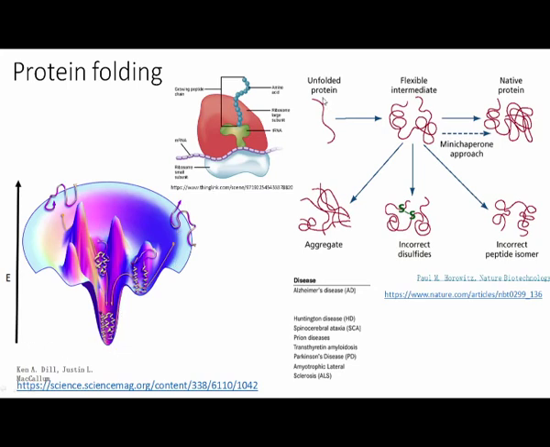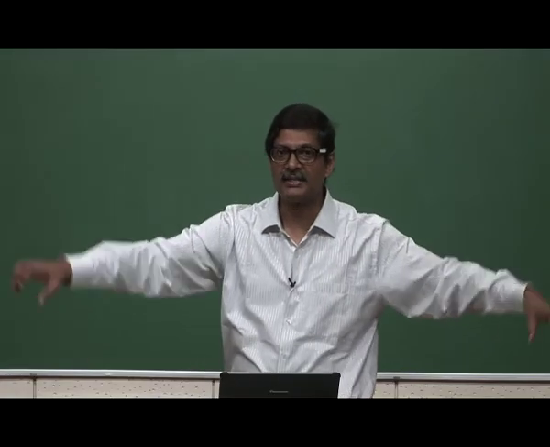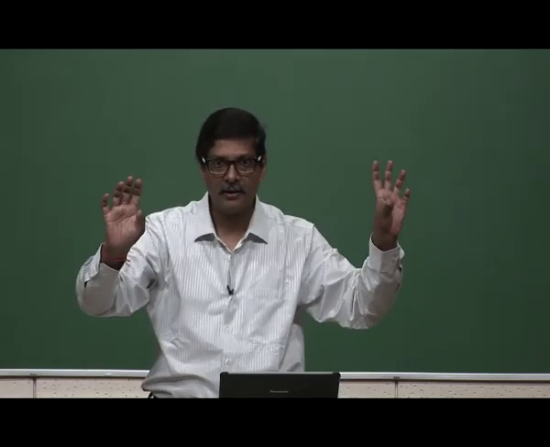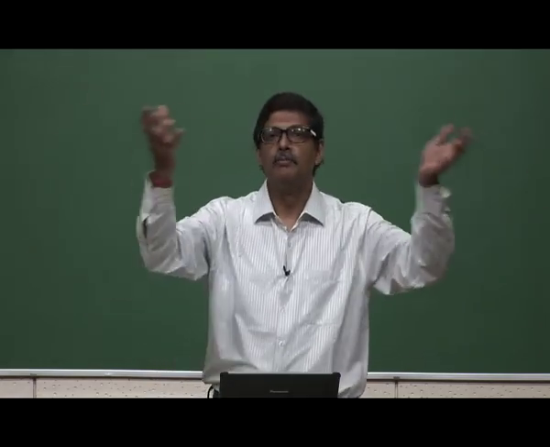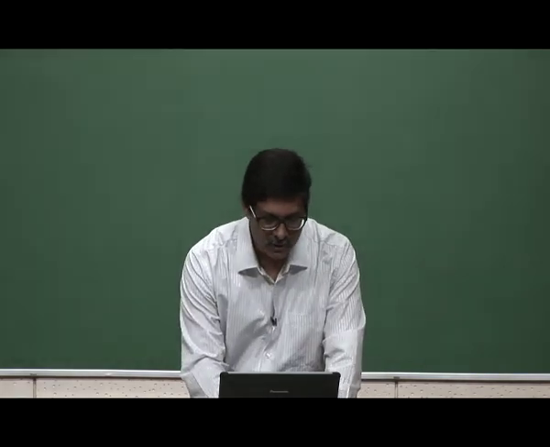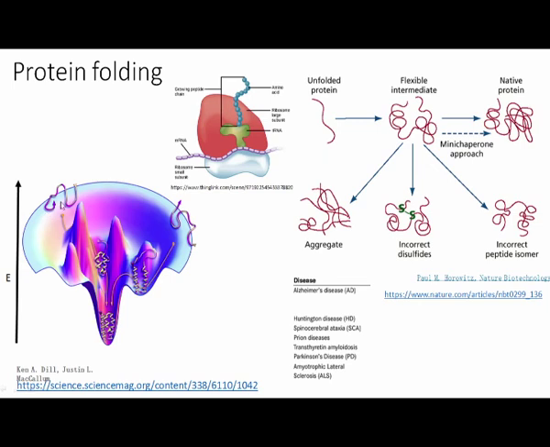So, a polypeptide when it is synthesized has the maximum energy because it has all the loose ends capable of interacting, and because there are a large number of loose ends, the energy is very high and it is just flopping around here and there. That energy has to be minimized for the structure to be stable. So, what it does, here it is flipping around, here it is flipping around, it tries its motion down the hill, and ultimately falls into this kind of a structure, which is the folded native structure which is shown here.